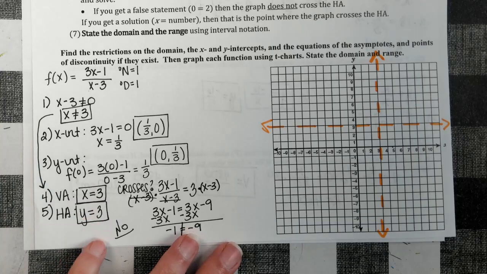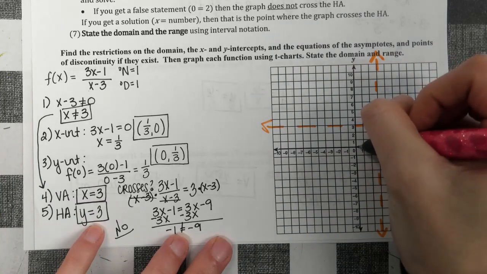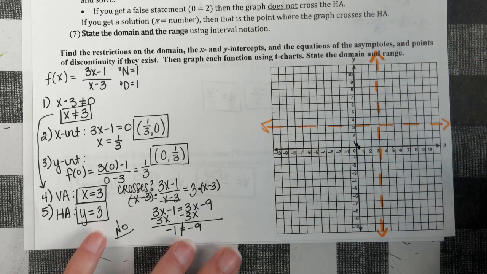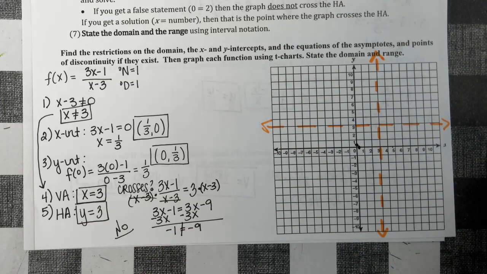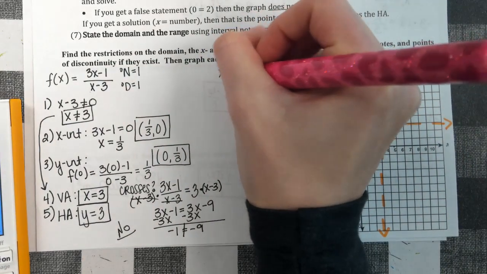And I'm going to go ahead and plot my x and y intercept. And then when you're done with that, go to your calculator. If it's not been cleared already, go ahead and doc B it.